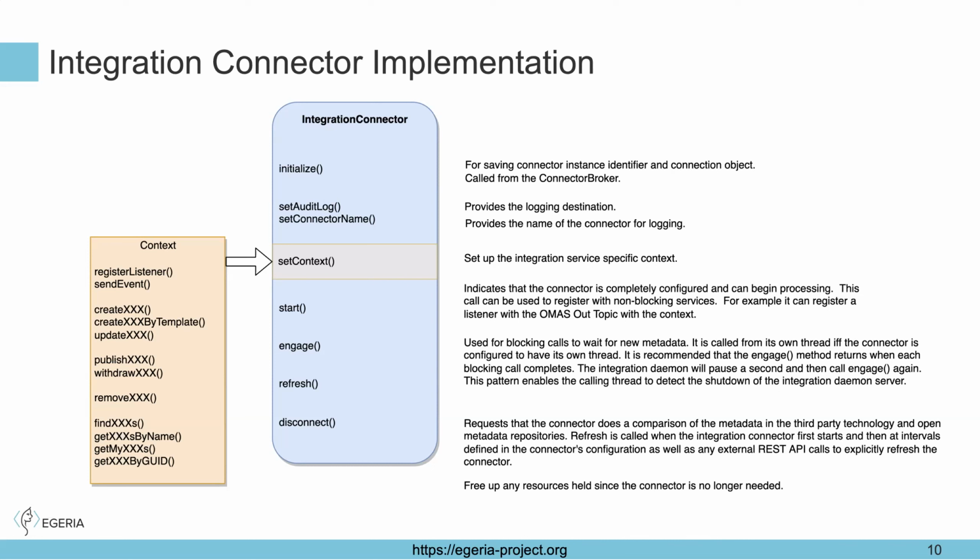And so if you imagine that the integration daemon is managing all of these connectors, one of the things that's not helpful is if a connector goes and issues a blocking call.